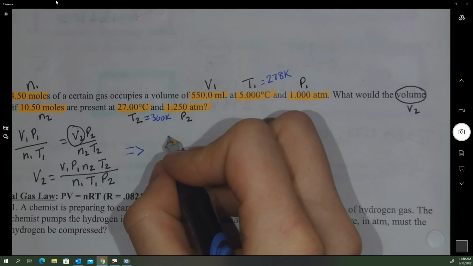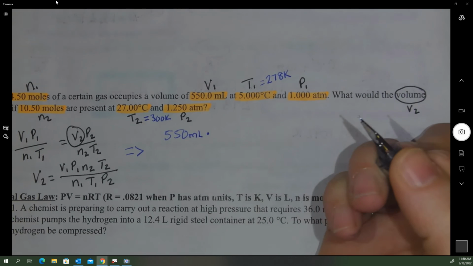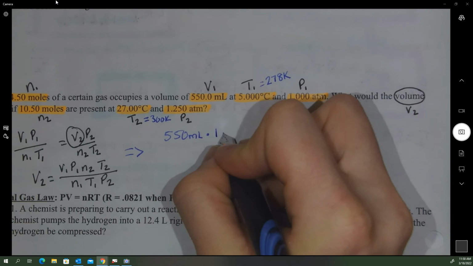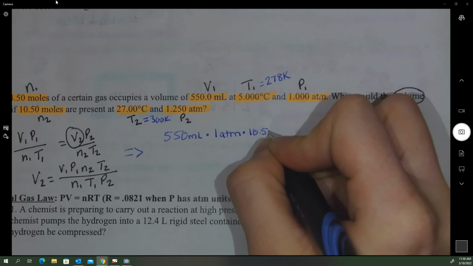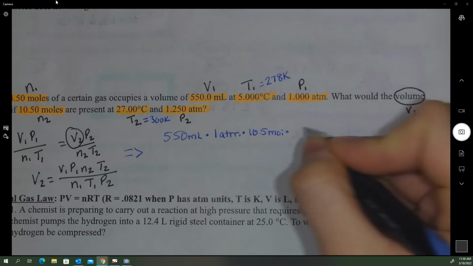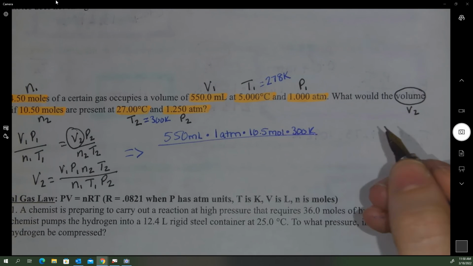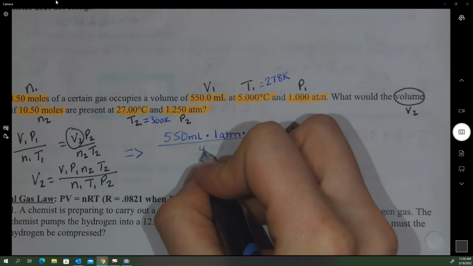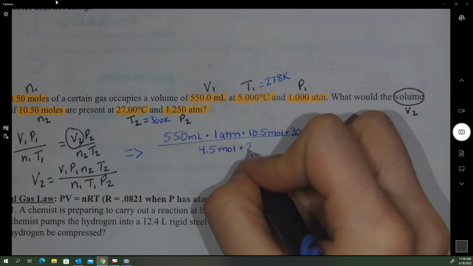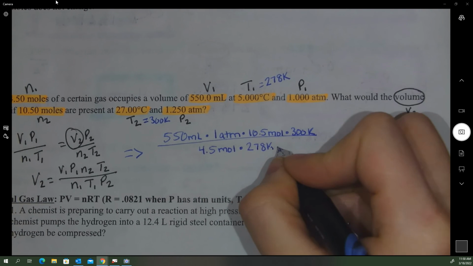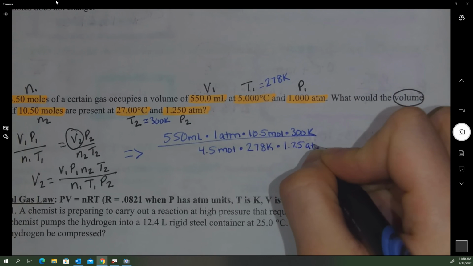So volume 1 is 550 milliliters, times pressure 1, which is 1 atm, times N2, which is 10.5 moles, times temperature 2, which is 300 Kelvin, divided by N1, which is 4.5 moles, times T1, which is 278 Kelvin, times pressure 2, which is 1.25 atm.